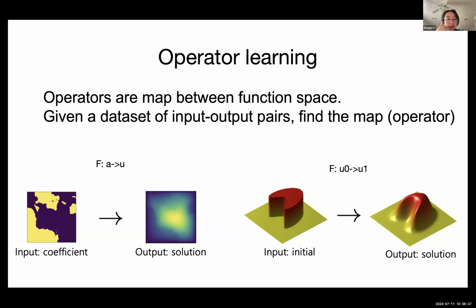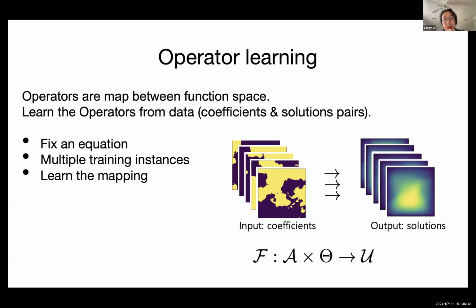We're learning reduced order models that, given the inputs, can immediately predict the outputs. Compared to solving one equation, operator learning is solving a class of equations. It finds the solution operators of the underlying equations.